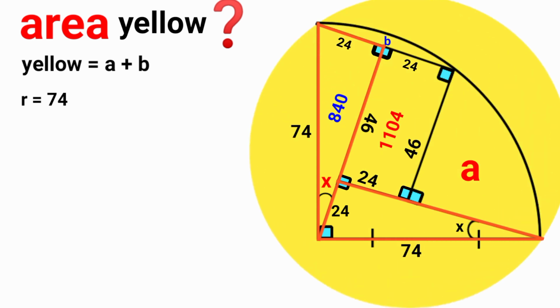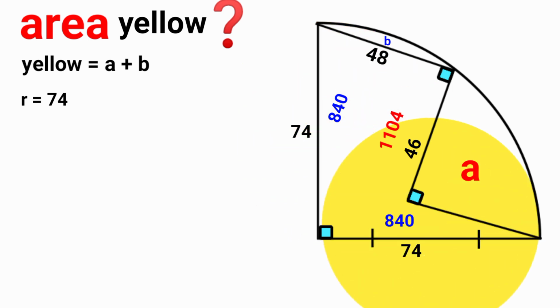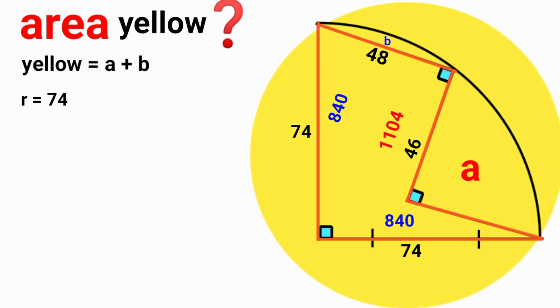We know congruent triangles will have equal areas. So since the area of this triangle is 840, the area of this triangle will also be 840. Now the total area of this is 840 plus 1104 plus 840, which is 2784.